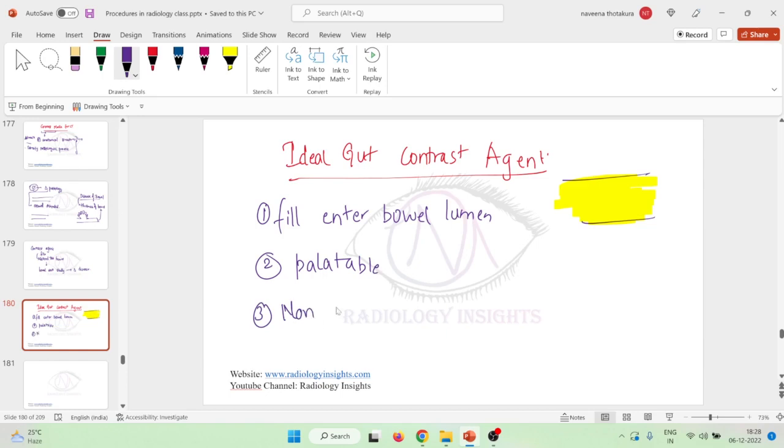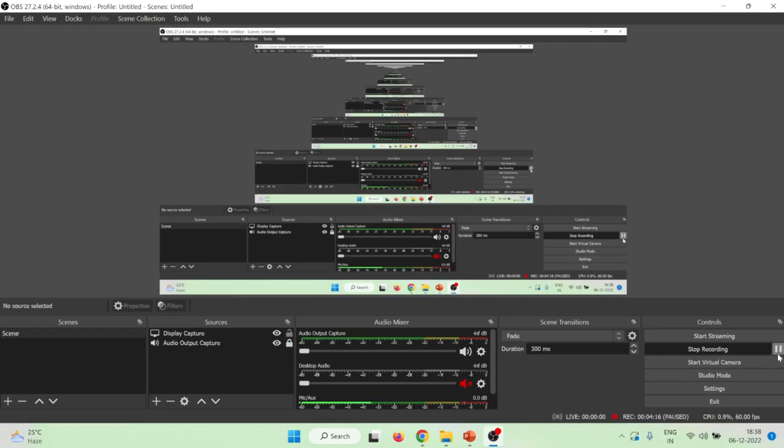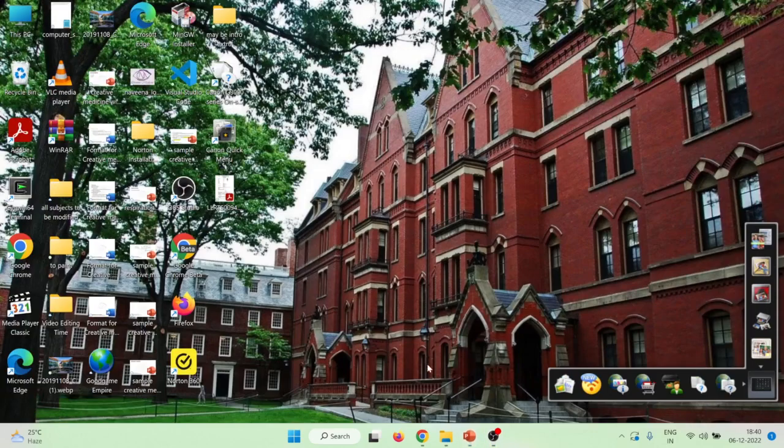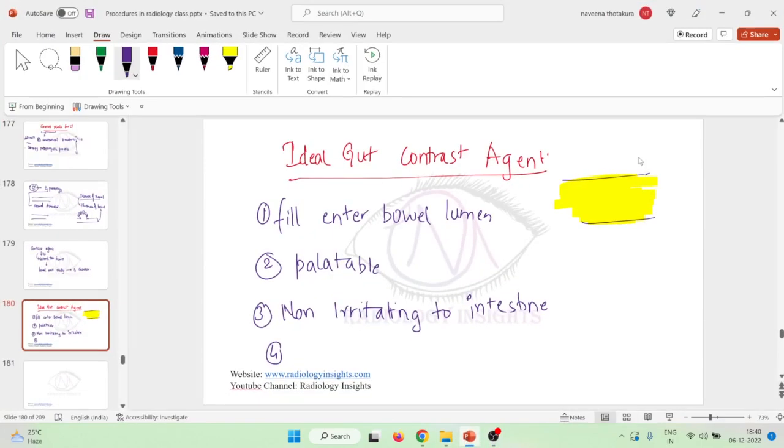The patient should not feel that it is irritating to the intestine.